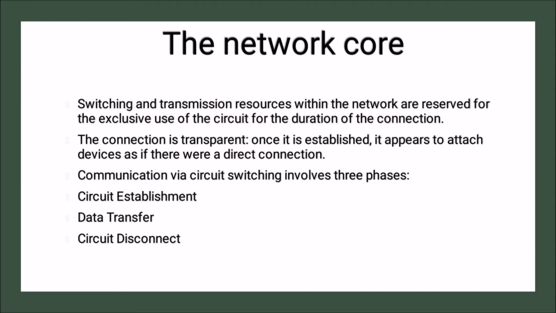Now switching and transmission resources within the network are reserved for the exclusive use of the circuit for the duration of the connection. The connection is transparent, meaning once it is established it appears to the attached device as if there were a direct connection. Communication via circuit switching involves three phases.